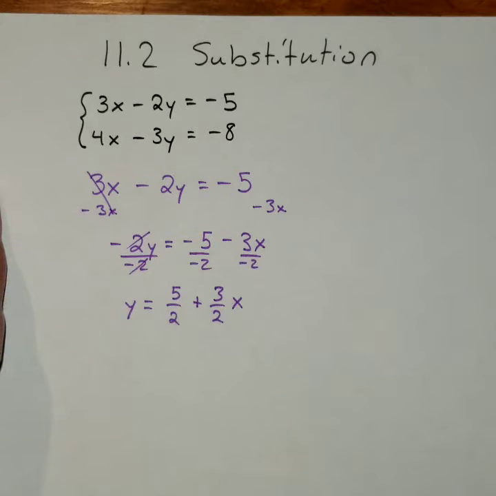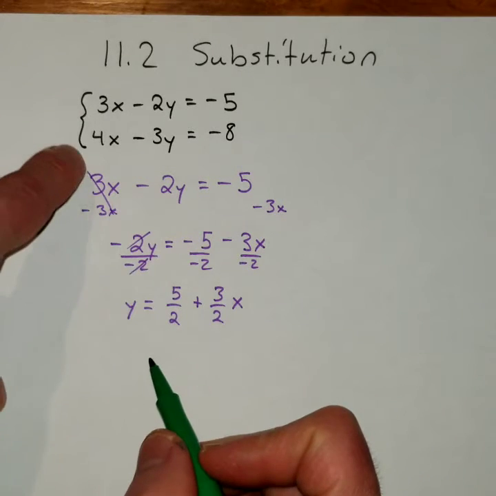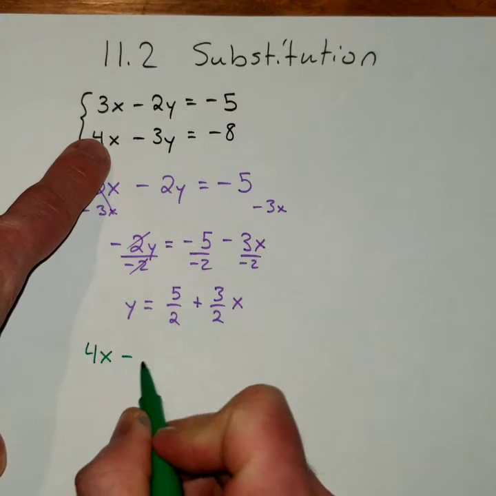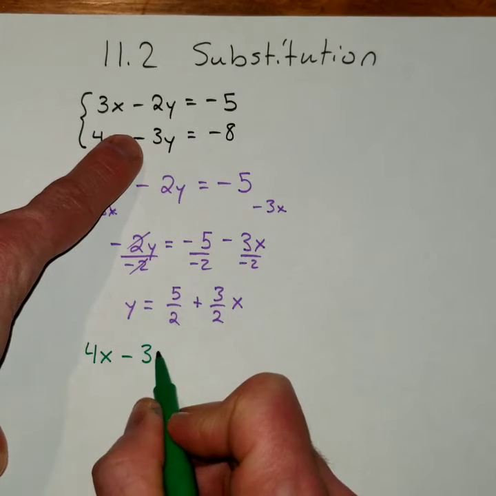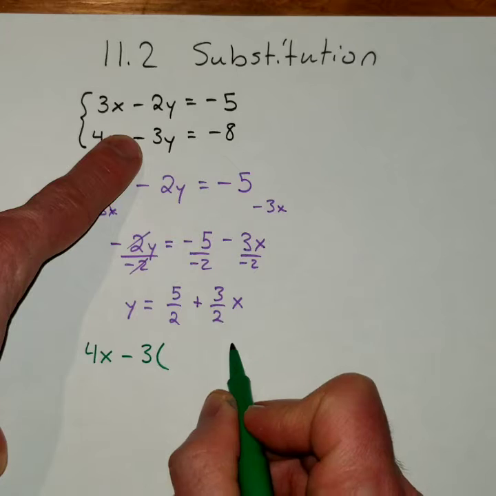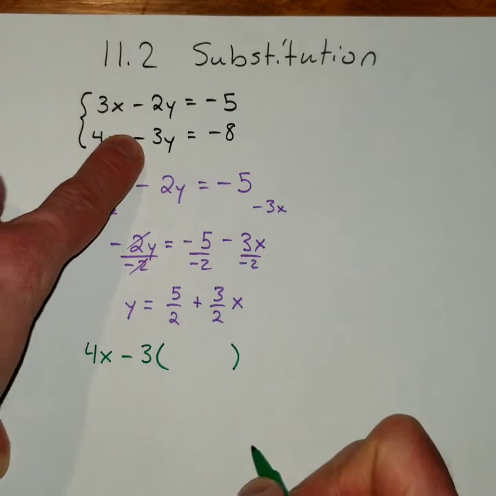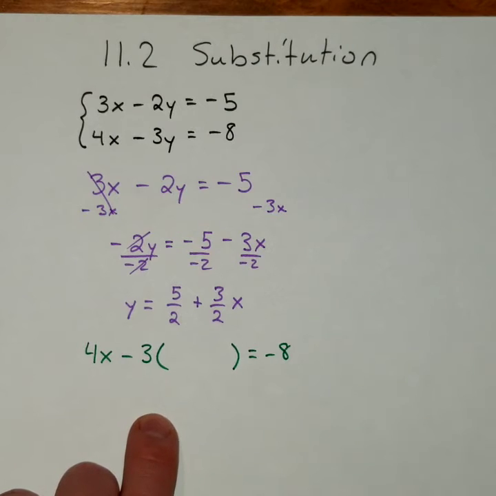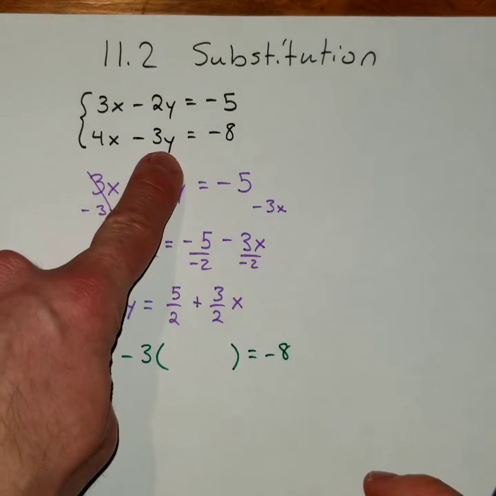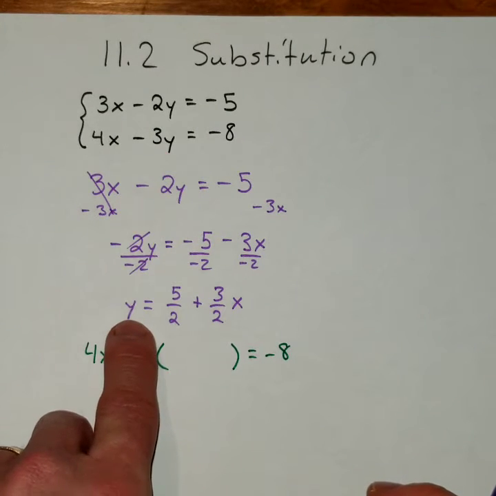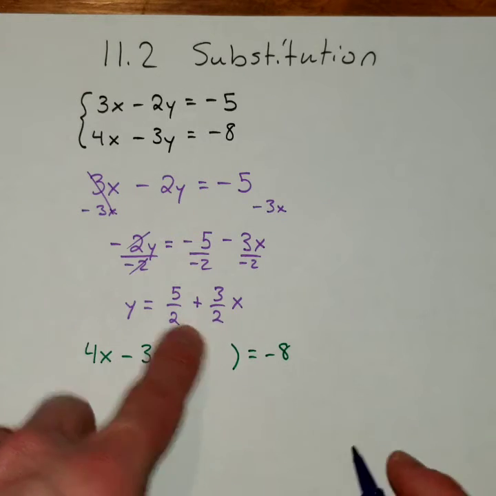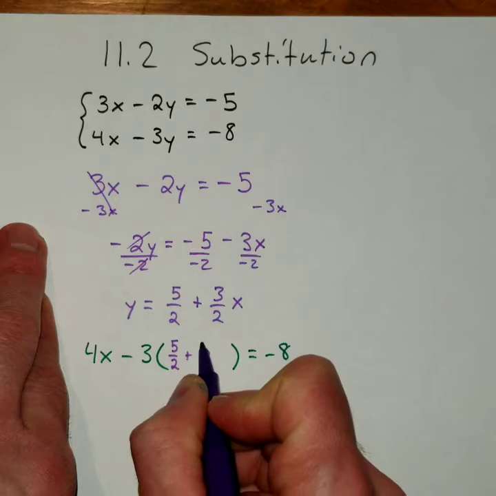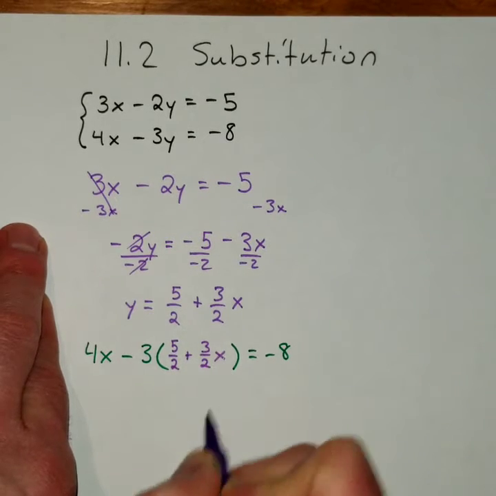So I'm going to start with 4x minus 3, and now the y is going to be, I'm going to use a set of parentheses there, equals -8. And in place of the y, we're going to use the new y, which is this purple stuff with the fractions: 5/2 plus 3/2 x.